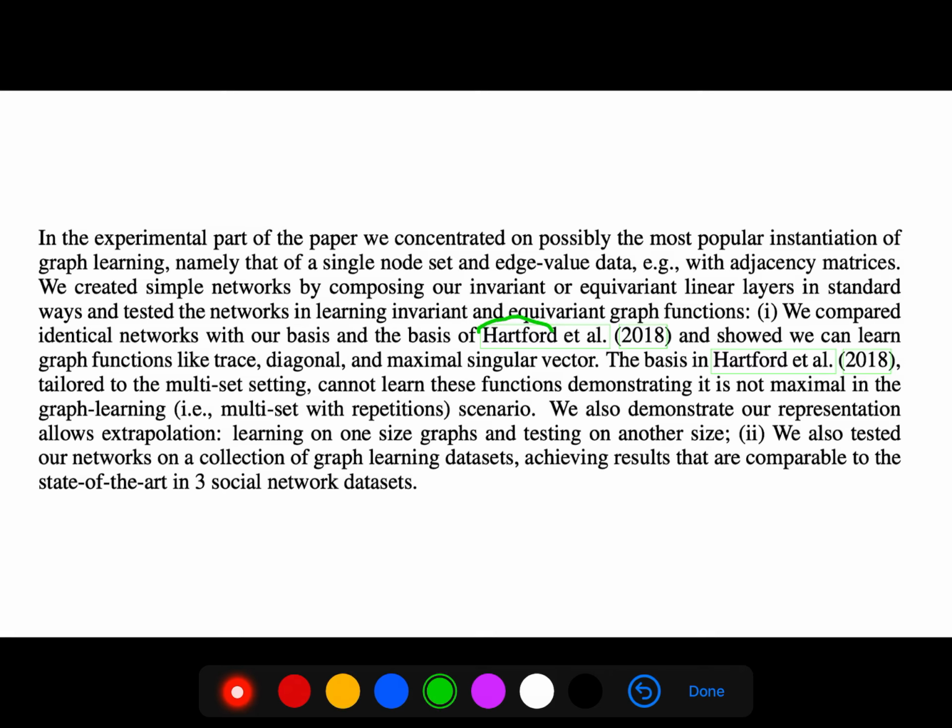So the basis in this reference, tailored to the multi-set setting, cannot learn these functions, demonstrating it is not maximal in graph learning because, for example, of multi-sets, if you have a multi-set with repetitions.